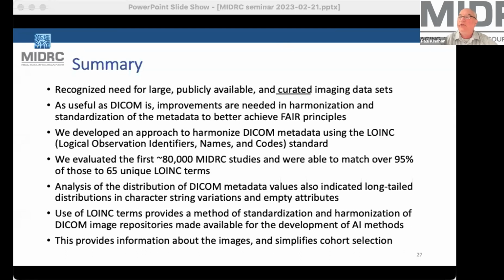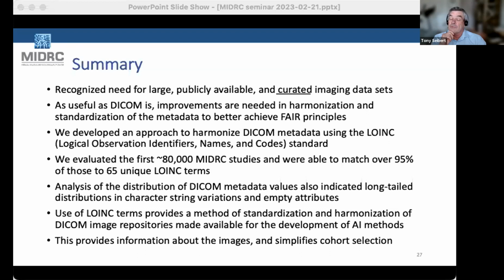It's just that we've only been able to map about 95% of them using LOINC codes. If you don't use the LOINC codes, you can go by the original study description. They're still findable if you know what to look for. And then, of course, once you download the images, you can always look to see what's there as well. The challenge in that case is you have to download them first to see what's there.